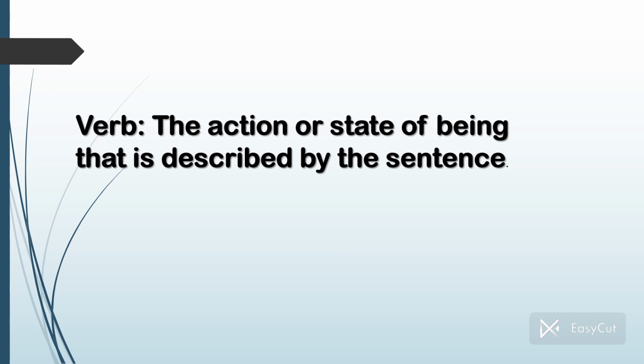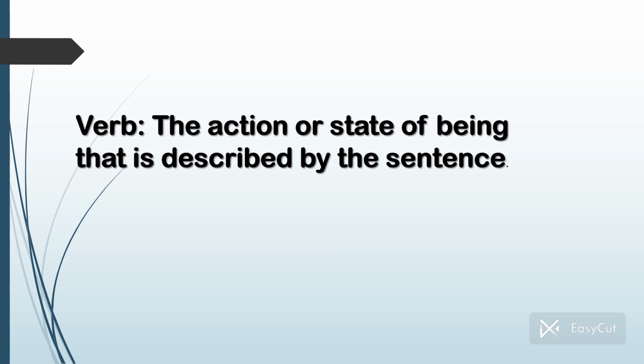Verb. Now what is a verb? हमने बचपन से verb को describe किया है, the action or state of being that is described by a sentence. हम verb को ऐसे describe करते हैं, action verb, a word that shows an action in which we get the idea of getting something done or some kind of action is there.